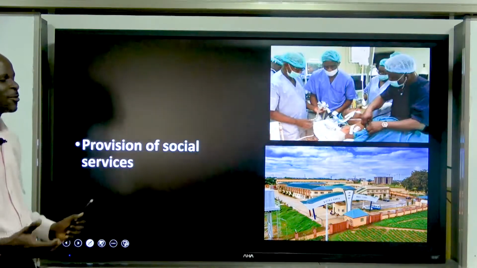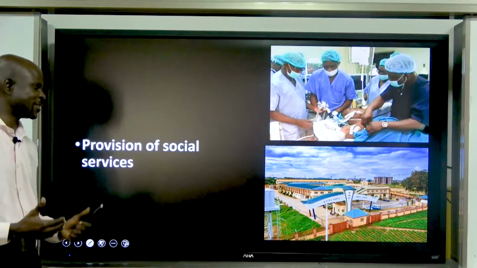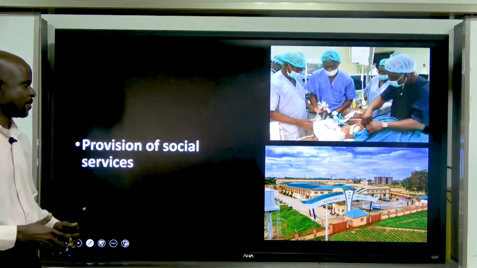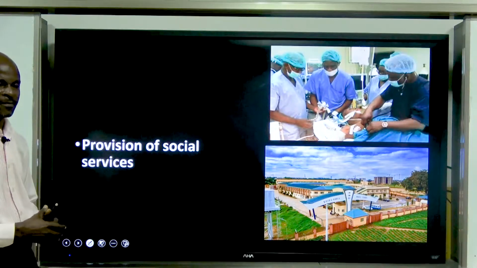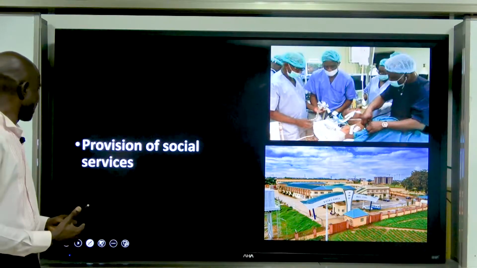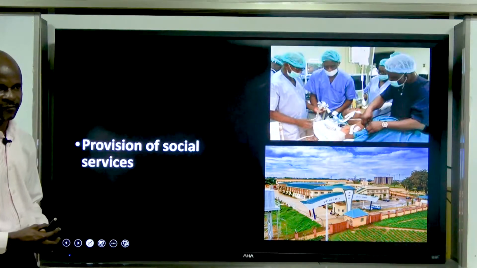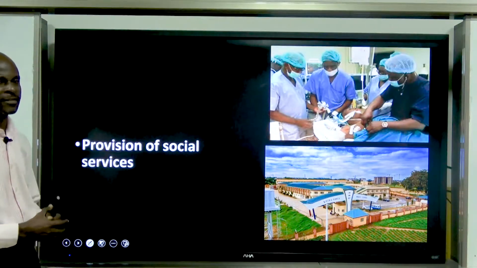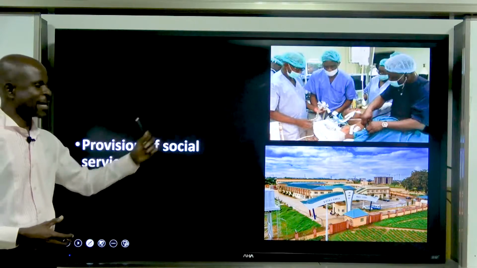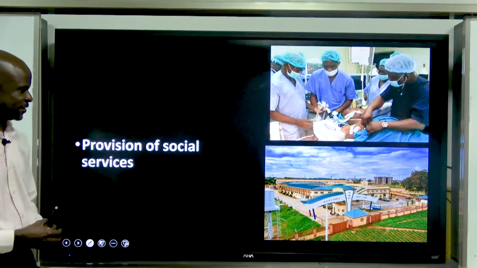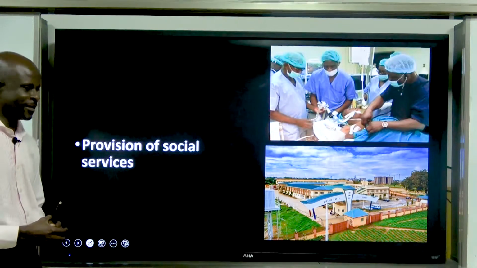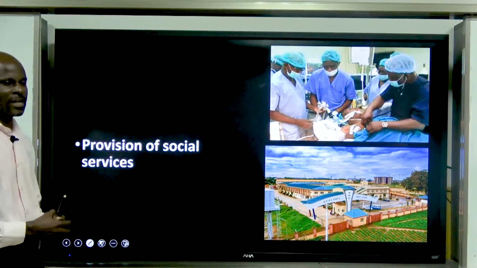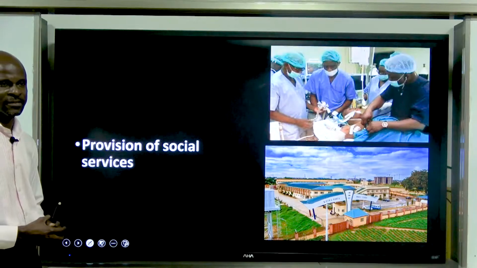Yes, there will be provision of social services. If there is change, if some things are lacking, like ineffective health services, a group agitates for effective health services, and there is provision of effective health services. There is no good school in an environment, no good learning environment for their children.